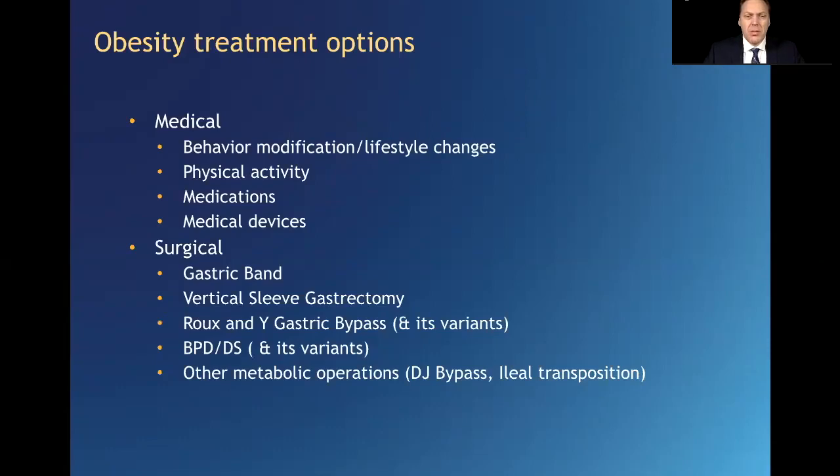There are multiple variations of Roux-en-Y gastric bypass and also of the BPD duodenal switch. The least common operations, under research protocols, would be operations such as duodenal jejunal bypass or ileal transposition.